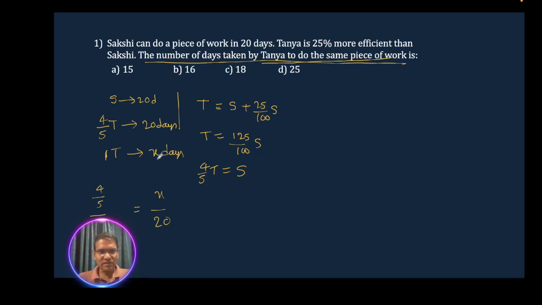So this is the inverse proportionality condition. In the direct proportionality condition we would consider 4 by 5 divided by 1 equals 20 by X, but the number of persons and the number of days are always inversely proportional. So by simple cross multiplication, X will be 20 into 4 by 5, that is 16 days. So Tanya alone can do that work in 16 days, right?